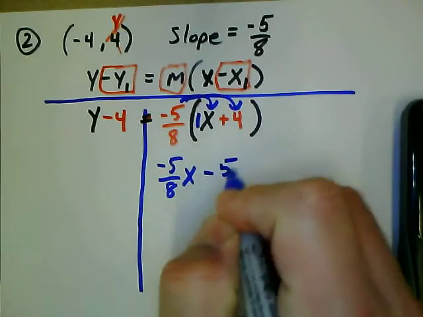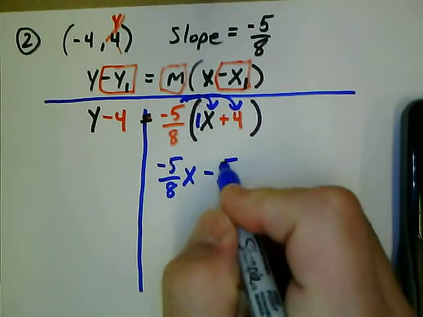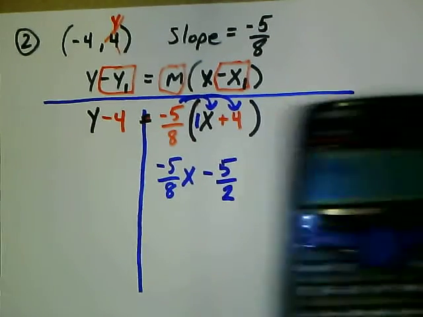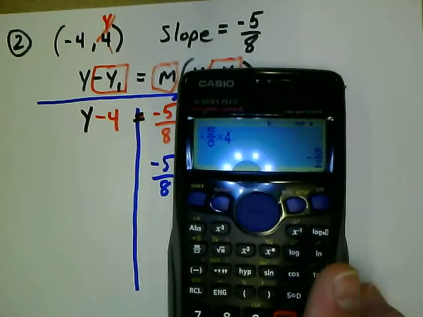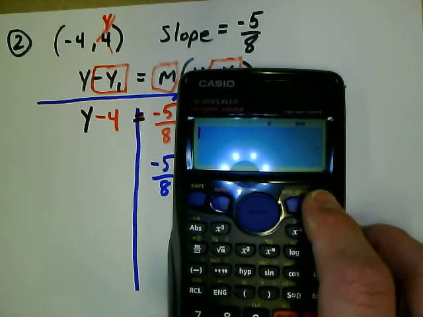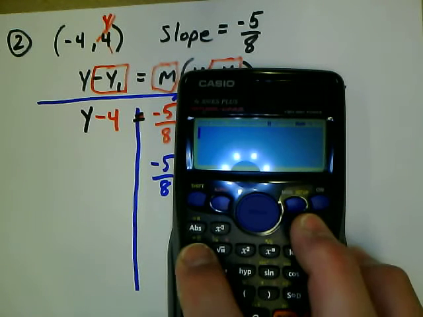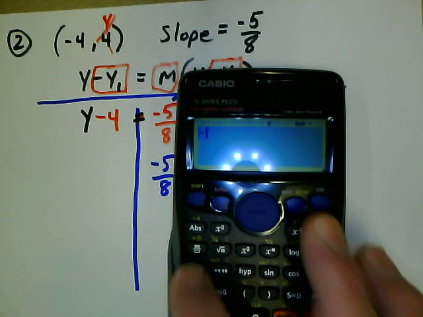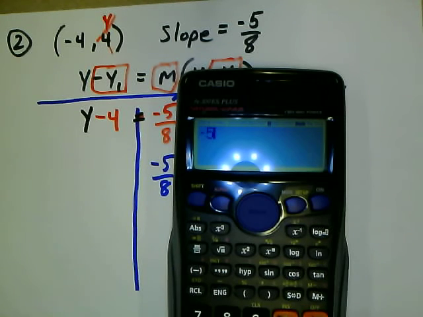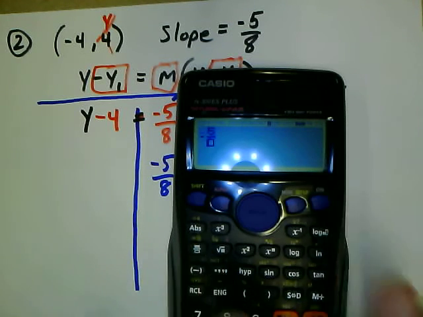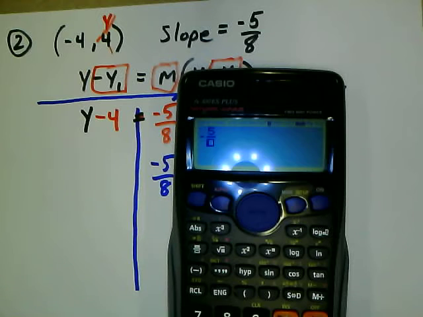So -5 over 2. I'm going to do that again for you so that you understand how to use it, especially you guys sitting here with the calculators. You can hit the fraction button first, but I find it easier to hit -5. And then I hit that fraction button, and it automatically takes me to the bottom.